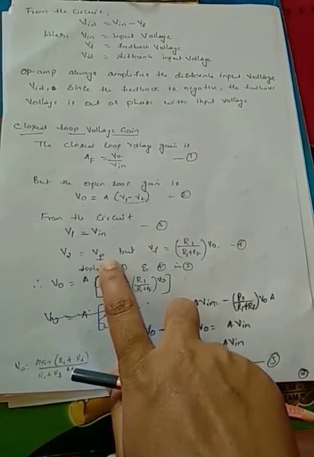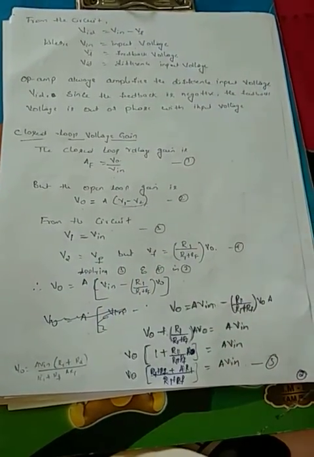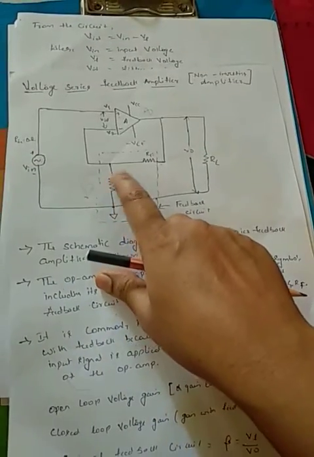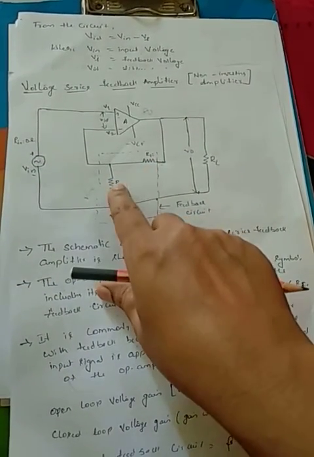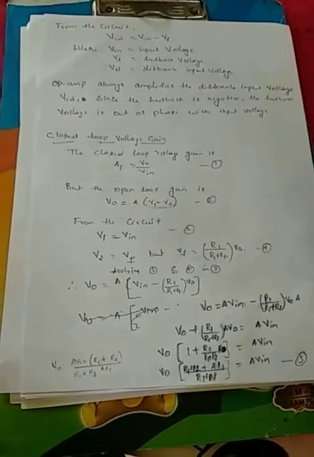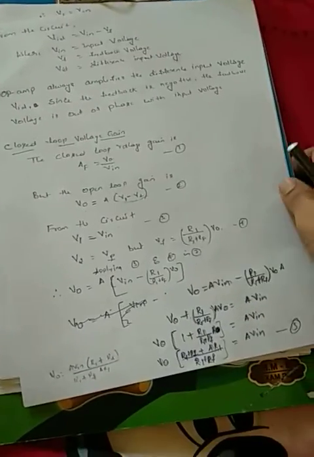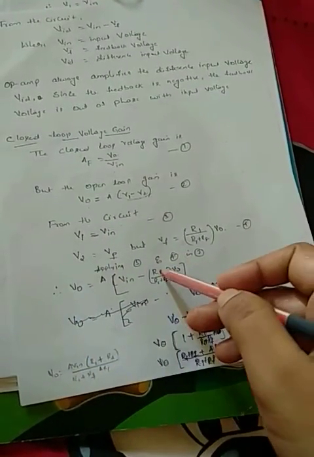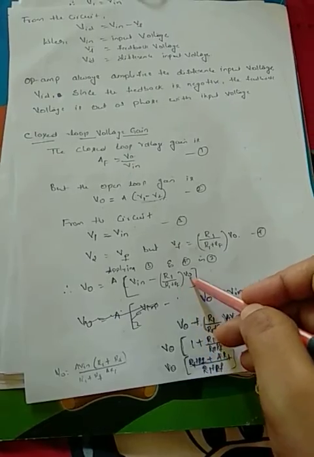But Vf, from the voltage divider rule, since these two resistors are connected in parallel, the feedback voltage Vf is R1 divided by R1 plus Rf times V naught. Now applying these to equation 2, A into V1, which is Vin, minus V2, which is R1 divided by R1 plus Rf times V naught.